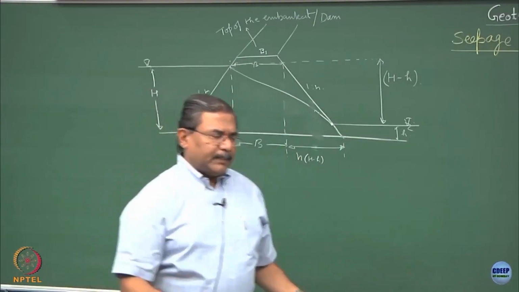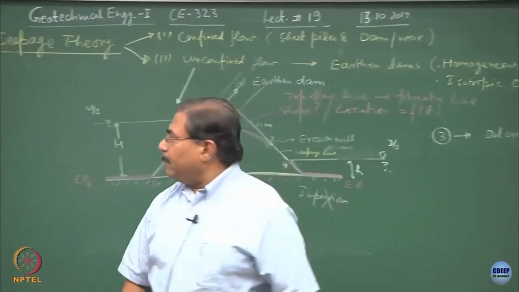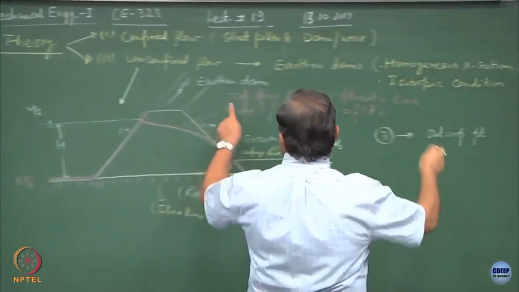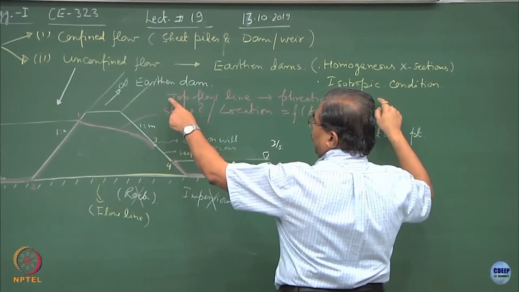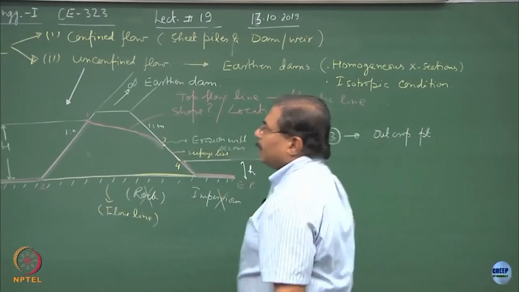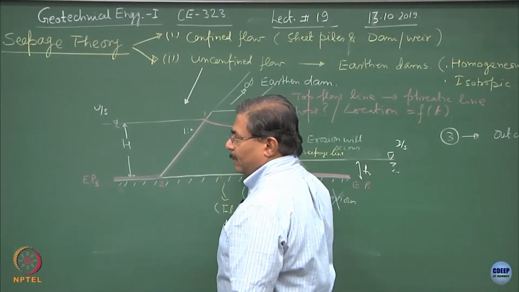Now, in most of these analysis what we do is we consider an element, because the first task in hand is find out the shape and location of the top flow line. That means I have to establish what is the shape of this curve.